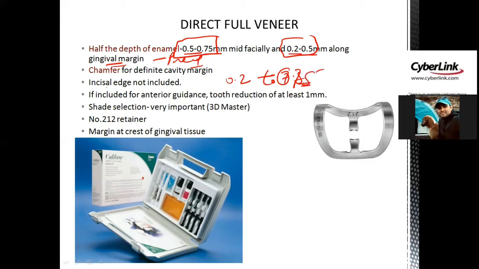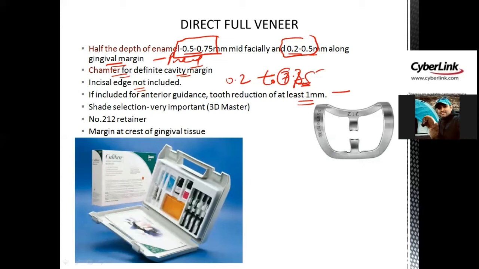If the incisal edge is included, a chamfer should be given for definitive cavity margins. Incisal edge should not be included. If included for anterior guidance, tooth reduction of at least 1 mm should be done.